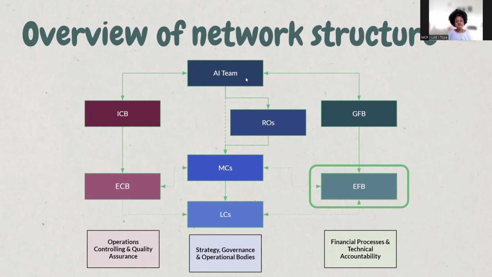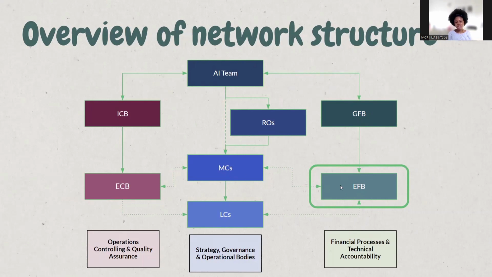So there is the AI team, where the GFB comes into contact with the AI team, and the GFB also comes into contact with the EFB. The MCs also have direct contact with the EFB and also the LC. Again, I have to point out that the EFB is an independent body, but they still work in synergy with other stakeholders or other departments.